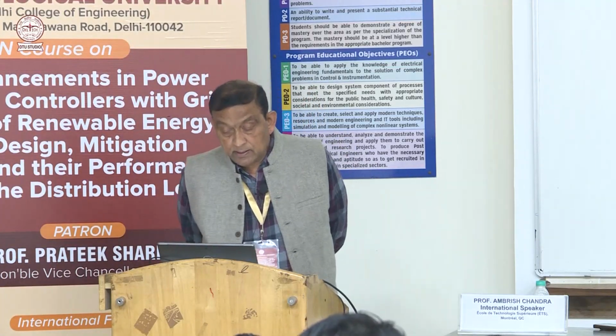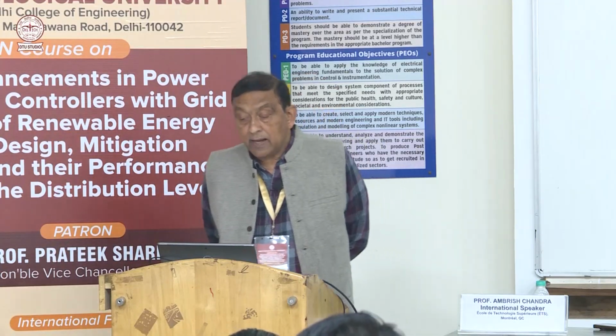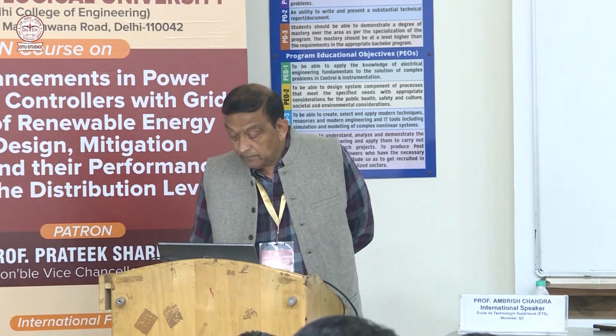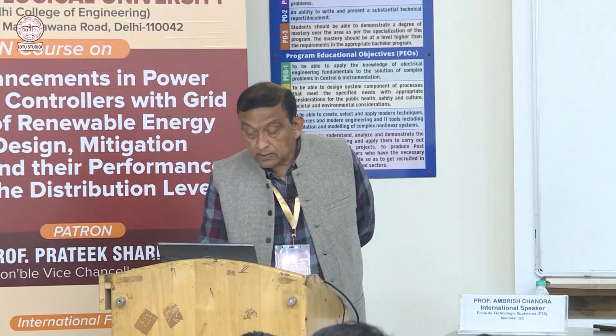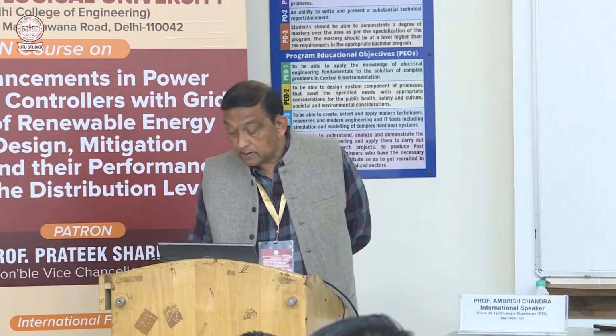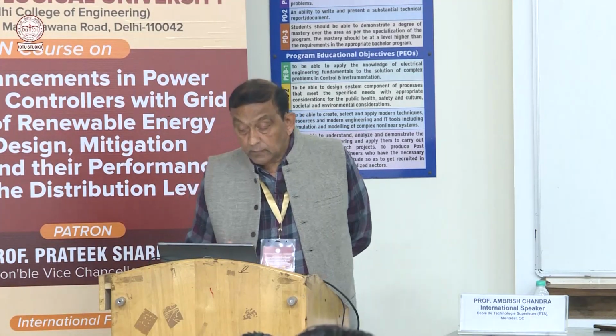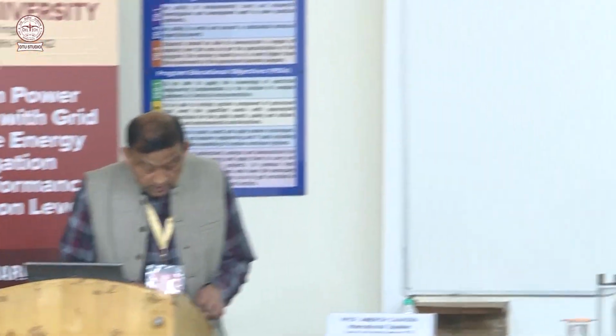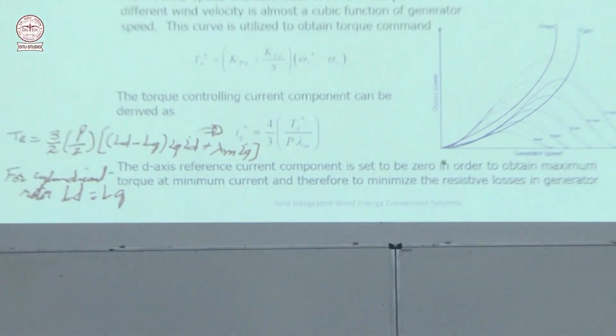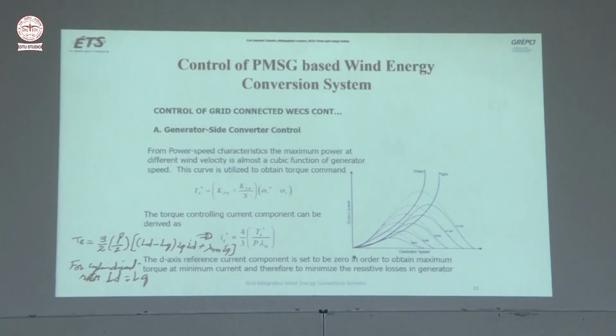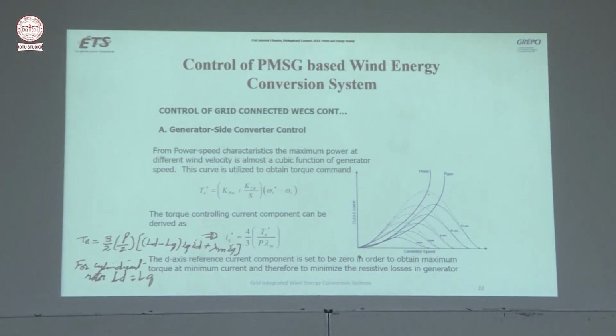So this is the generator side converter control. We are talking about the generator side. If you see here, this is the power speed, this is the output power, and this is the generator speed.